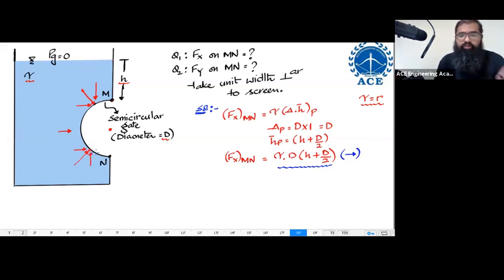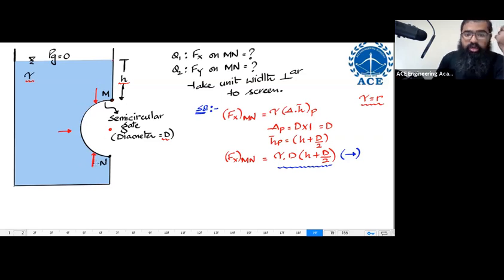So from here I learn one thing: on this semicircular gate, the vertical components of force are acting in the downward direction as well as the upward direction. Both directions I'm having a vertical component of force. Over here it is downward, and over here it is upward.